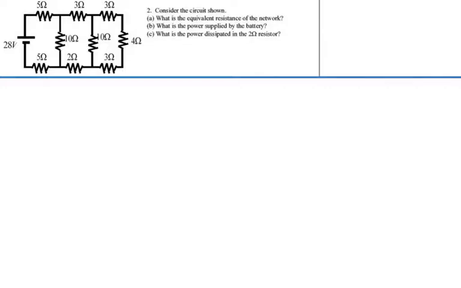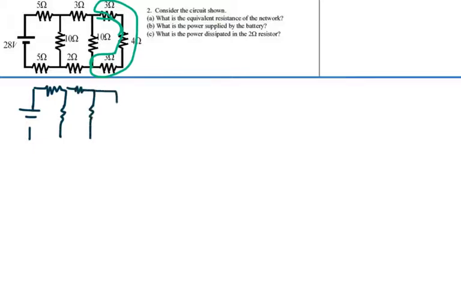So looking on the outside, we have a series combination of this 3 with the 4 and the 3 here, all in one line. 3 plus 4 plus 3 is 10. So if we add that series combination, our circuit is going to look something like this, with this 10 on the outside here.